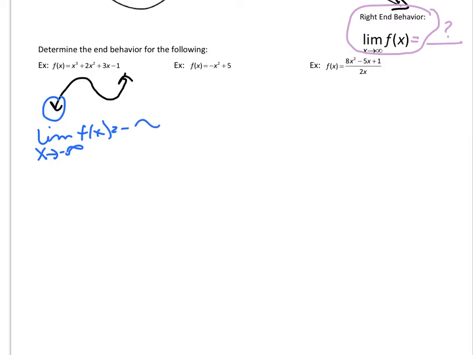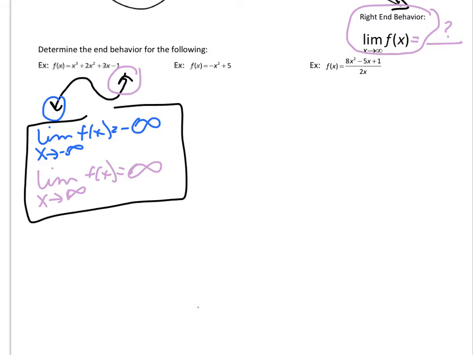My limit's going to be negative infinity. If I want to look at my right end behavior, my limit as my x's are getting bigger, my y values are getting bigger and bigger and bigger. They're going up. So that's going to be positive infinity. And those are my right and left end behaviors.